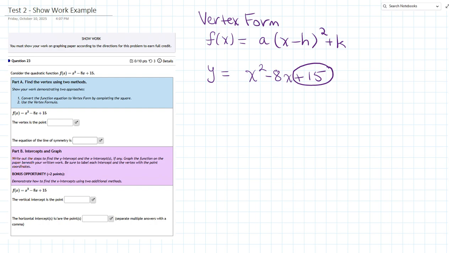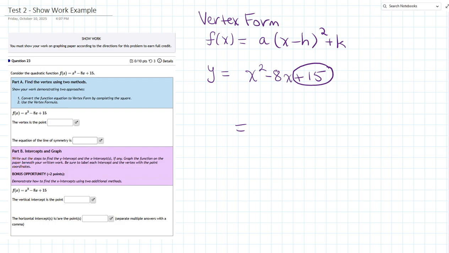What we are trying to do is have a binomial quantity squared to make it look like vertex form. Right now we don't have a trinomial that can factor in that way, but we can force it into one that will, by completing the square.